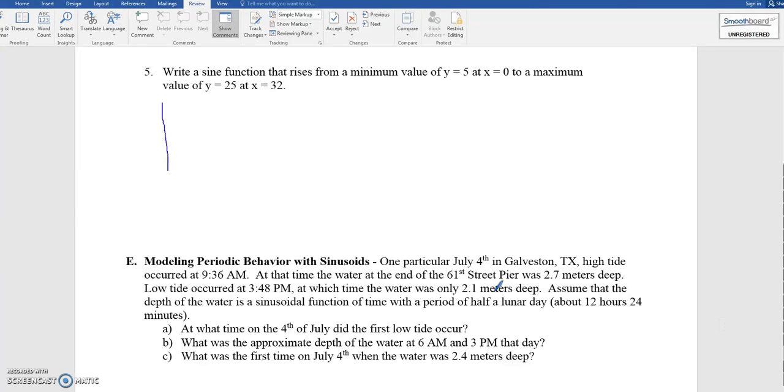So I know, there's my coordinate plane. Wow, curvy lines there. I know that at (0, 5) I have a minimum. And I know that at (32, 25) I have a maximum.